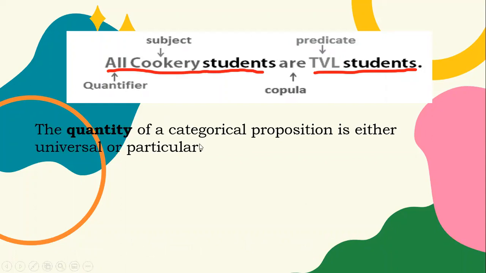Identifying the quantity of a categorical proposition: the classification of the quantifier is either universal or particular.